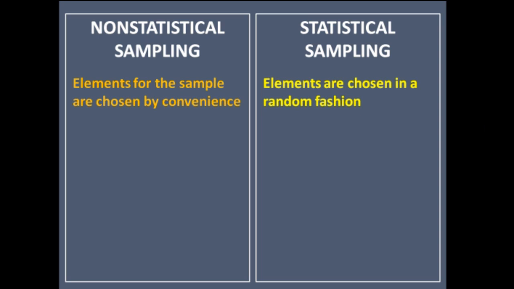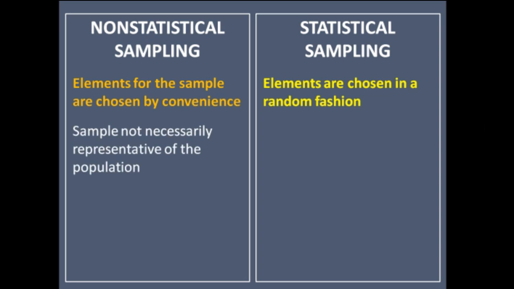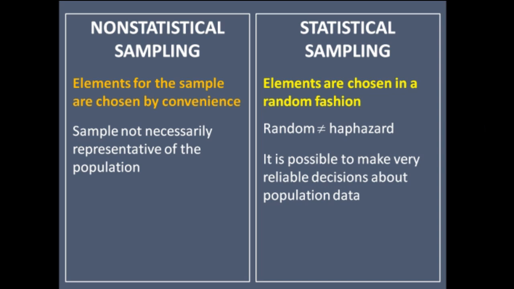Now, with non-statistical sampling, we cannot necessarily extrapolate the data from that sample and apply it to our population as a whole. The only time we can make those inferences about the entire population is when we use statistical sampling.